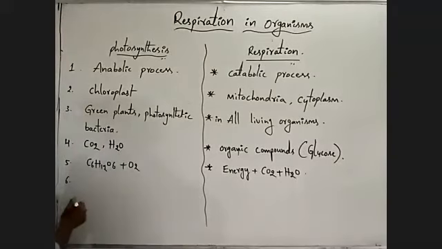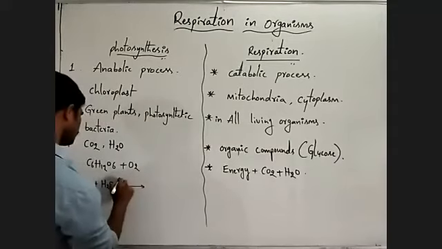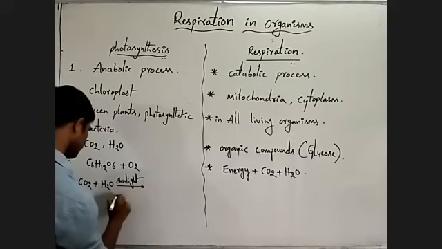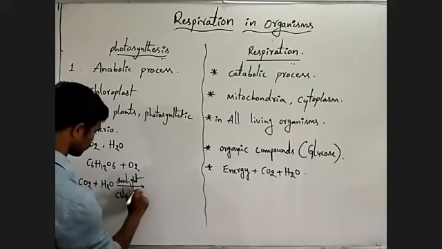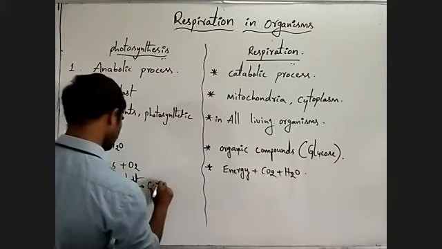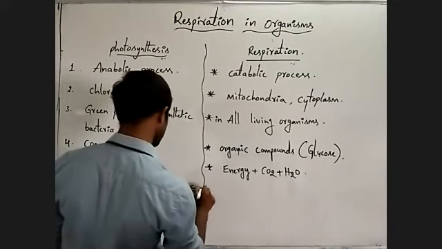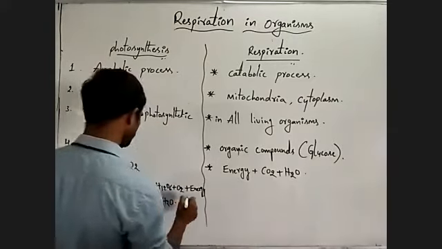Next, when we observe the equation for photosynthesis: 6CO2 plus water, in the presence of sunlight and chlorophyll, gives C6H12O6 plus O2, plus energy plus H2O.